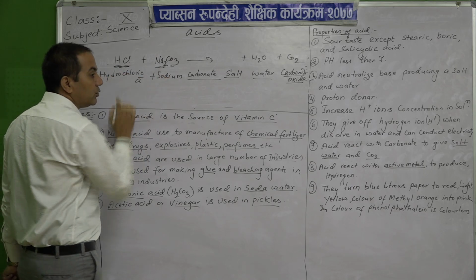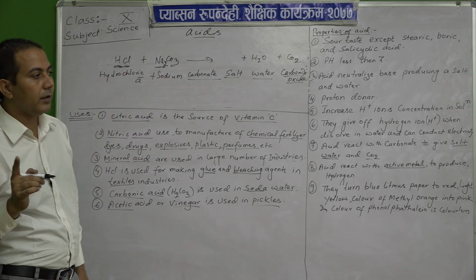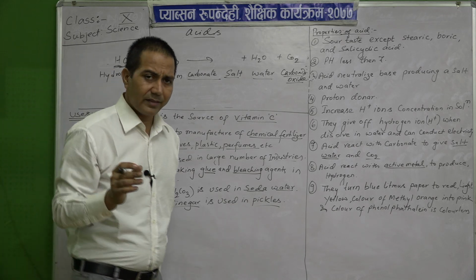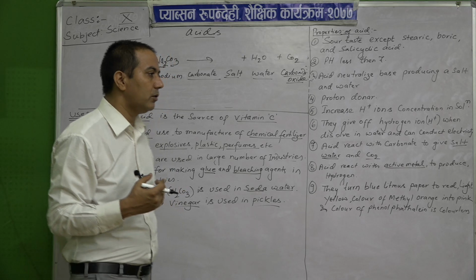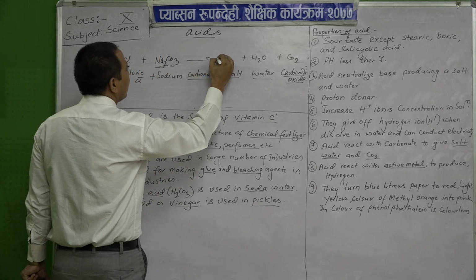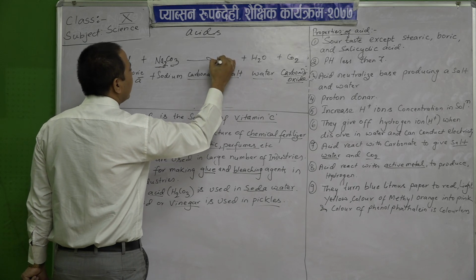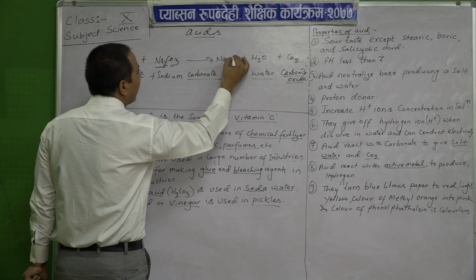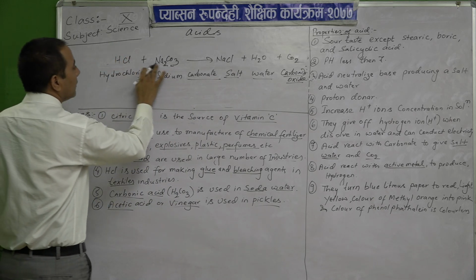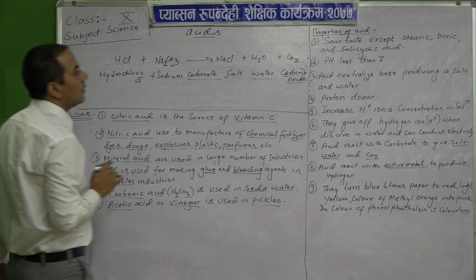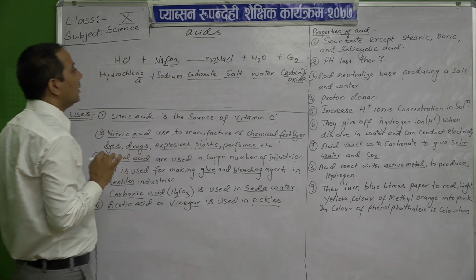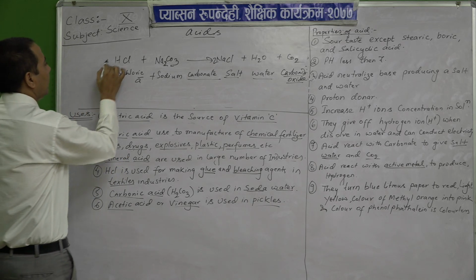We have studied this one in chemical reactions, I think you remember the trick which I have shown you. So sodium replaces hydrogen to form sodium chloride NaCl plus H2O plus carbon dioxide. So, there will be 2 and here will be 2.